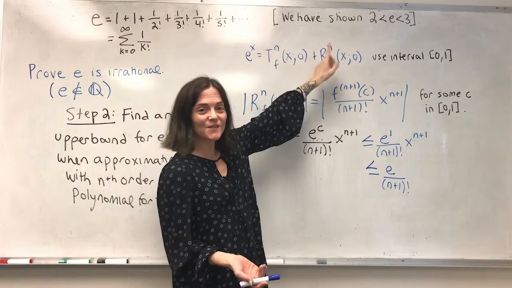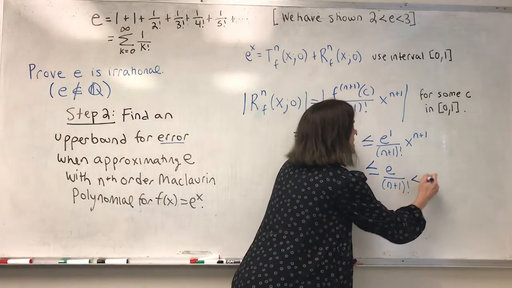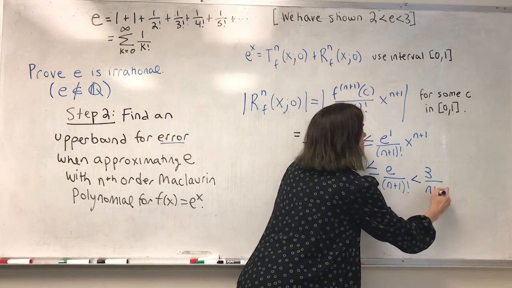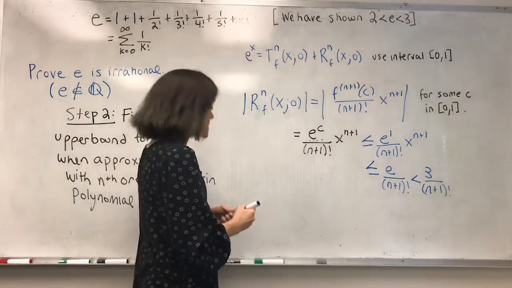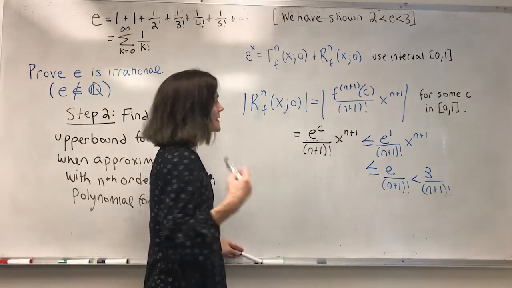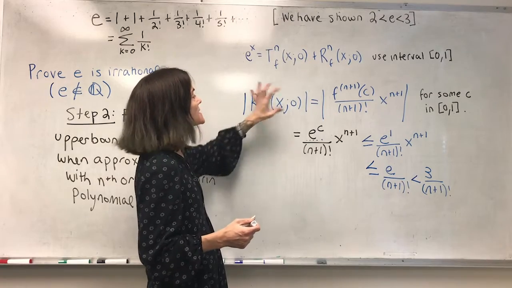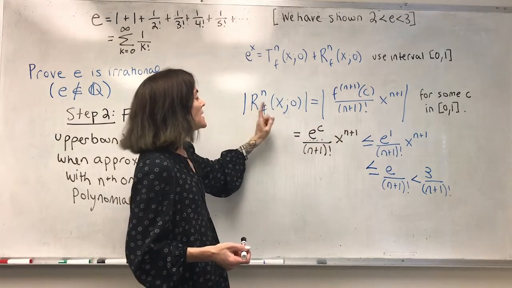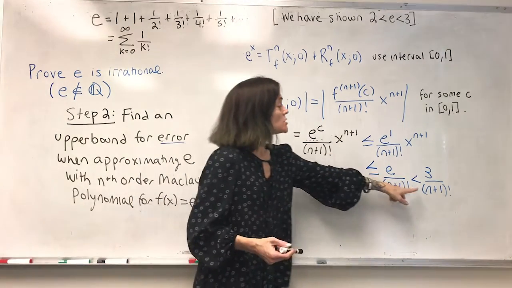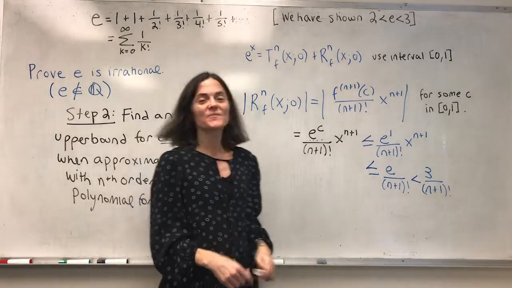We have shown e is strictly less than 3. So this is less than 3 over n plus 1 factorial. And so this is what we have found: the error, in this case the remainder is positive anyways on this interval, but that it is strictly less than 3 over n plus 1 factorial.